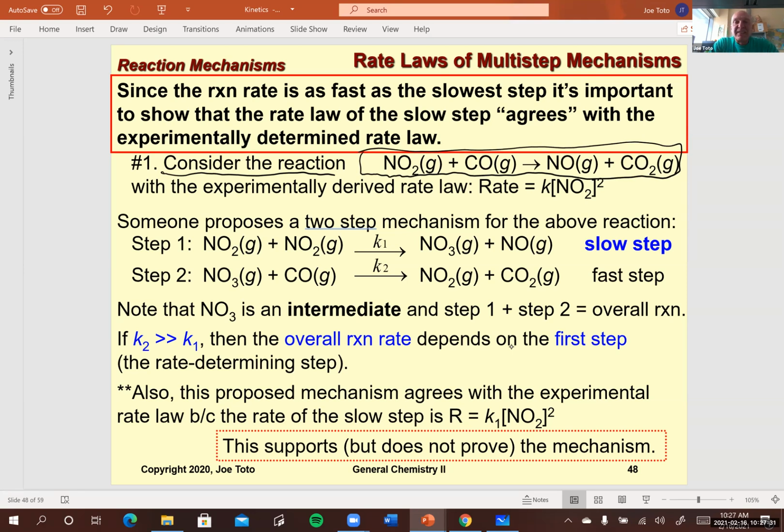As soon as I see this reaction, I know the form of the rate law looks like rate equals K times concentration of NO2 to the X times CO to the Y. But now somebody has done the experiment, tabular method or whatever, and they found the experimental rate law for that reaction is this. Maybe it was the integrated rate law they used or whatever.